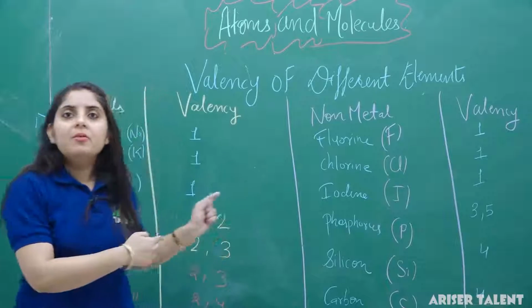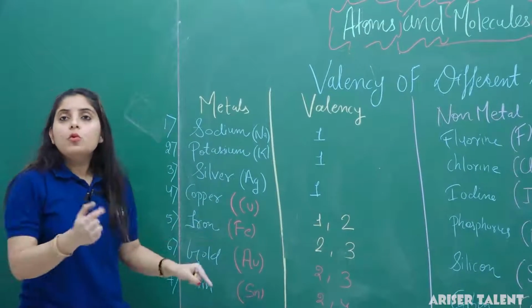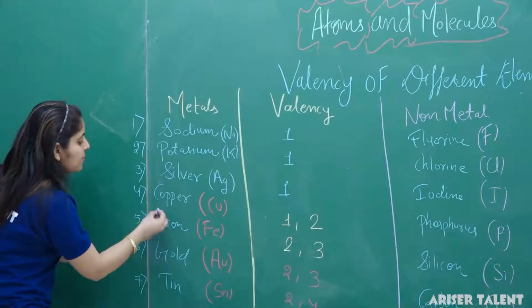So from this table we have observed that certain elements acquire more than one valency state. I am highlighting these here.